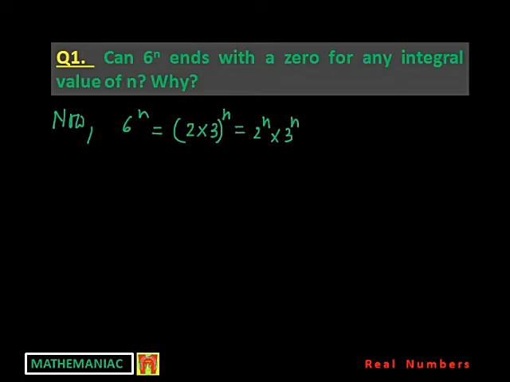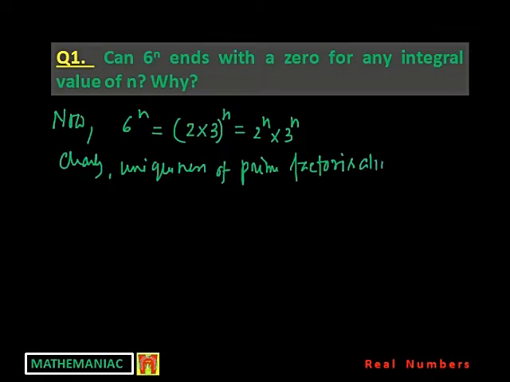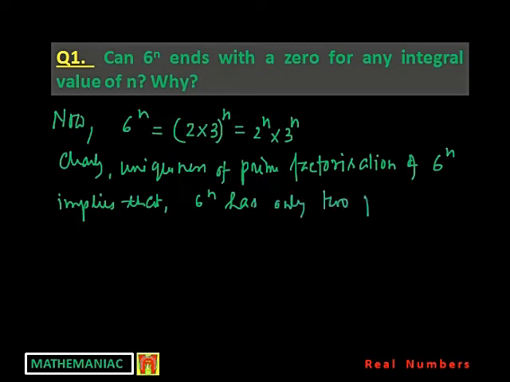Now what will imply? Clearly, uniqueness of prime factorization of 6 to the power n implies that 6 to the power n has only two prime factors.